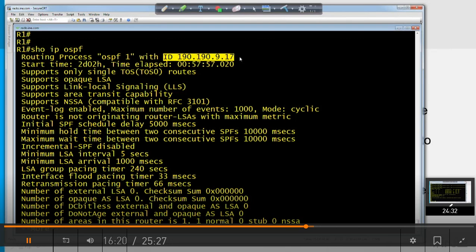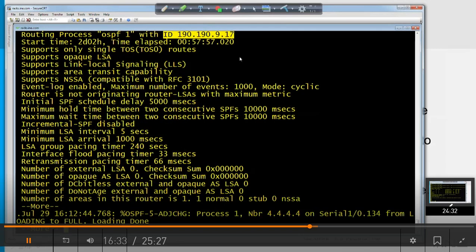Why did he use that? Because that's higher. That happens to be the IP address he has on loopback 1. And remember, it's the highest IP address from among all your loopbacks, and that is higher than 111.111.111.111.